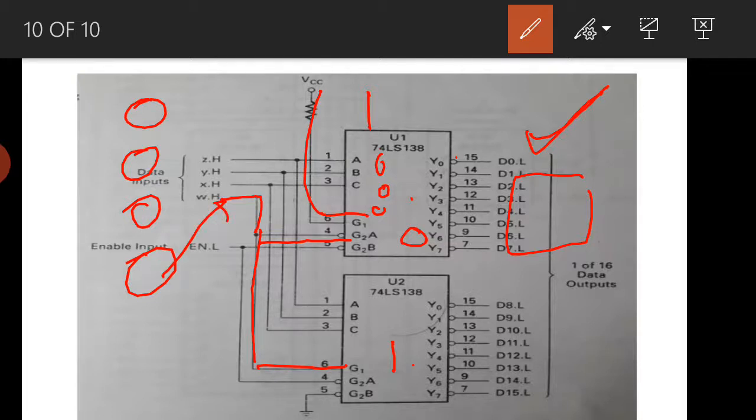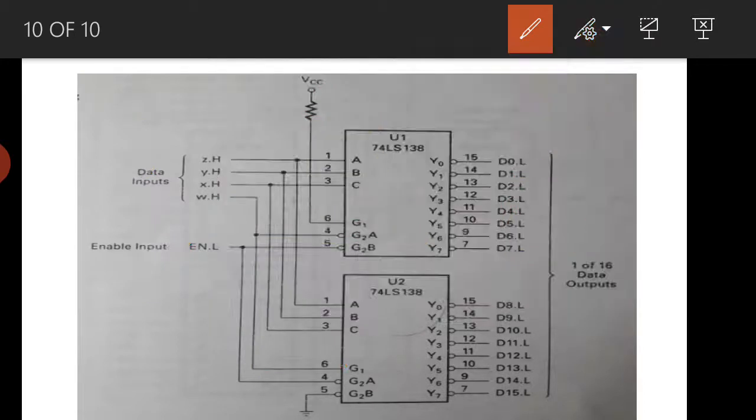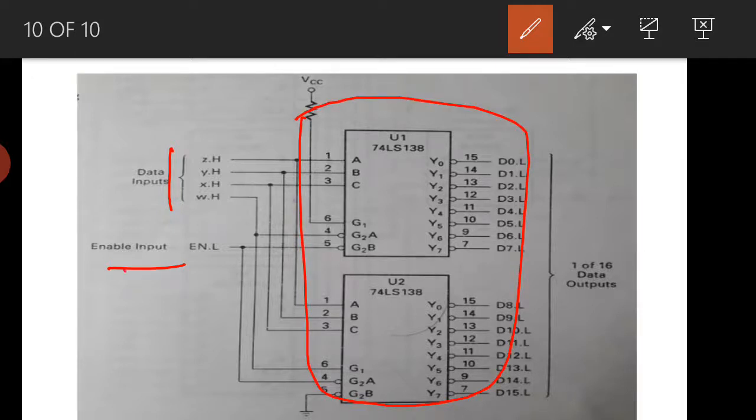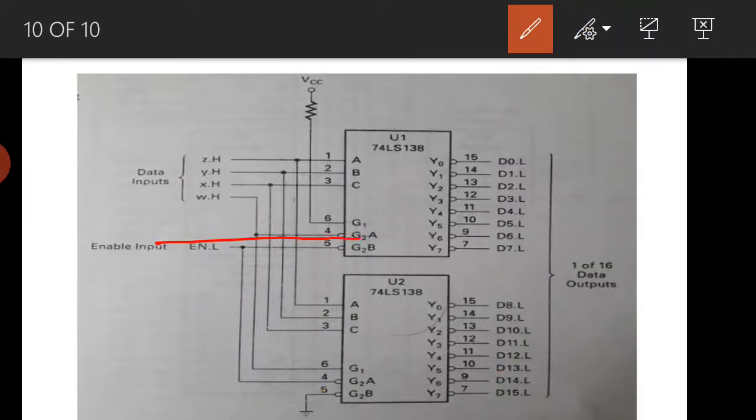Apart from the 4 data inputs, the main enable signal for the overall 4:16 decoder is connected to the active low pins in both the ICs, here G2 and here G2A. Both are active low, so for that it should be 0.